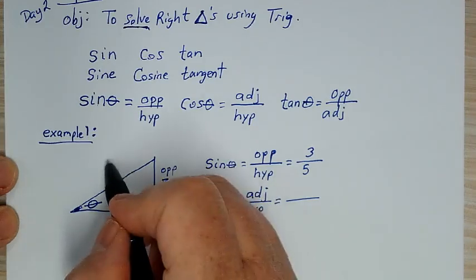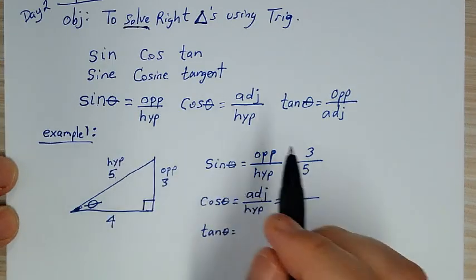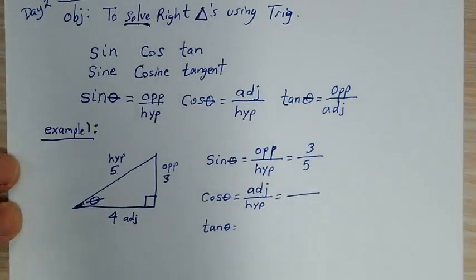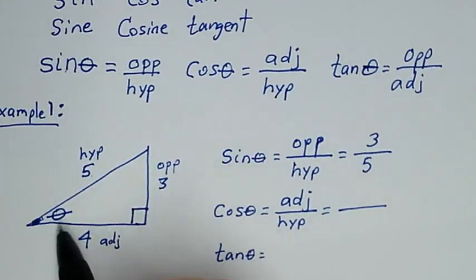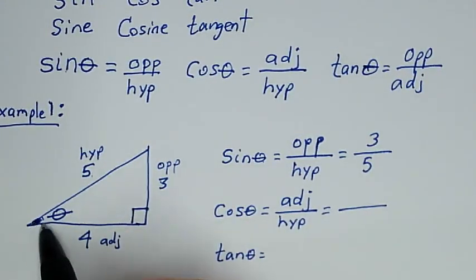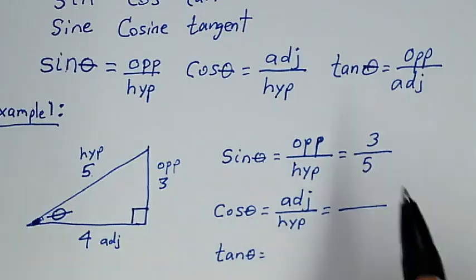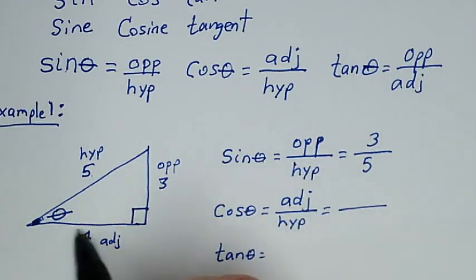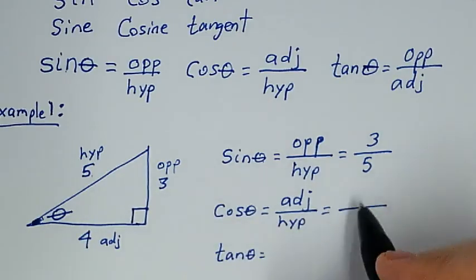We know this is the hypotenuse because it's the longest side, so that leaves this side to be the adjacent side. And by our definition, the adjacent side is just that leg that is touching theta. So since cosine of theta is the adjacent over the hypotenuse, what's the adjacent? It's right there. It's 4. What's the hypotenuse? Again, it's 5.